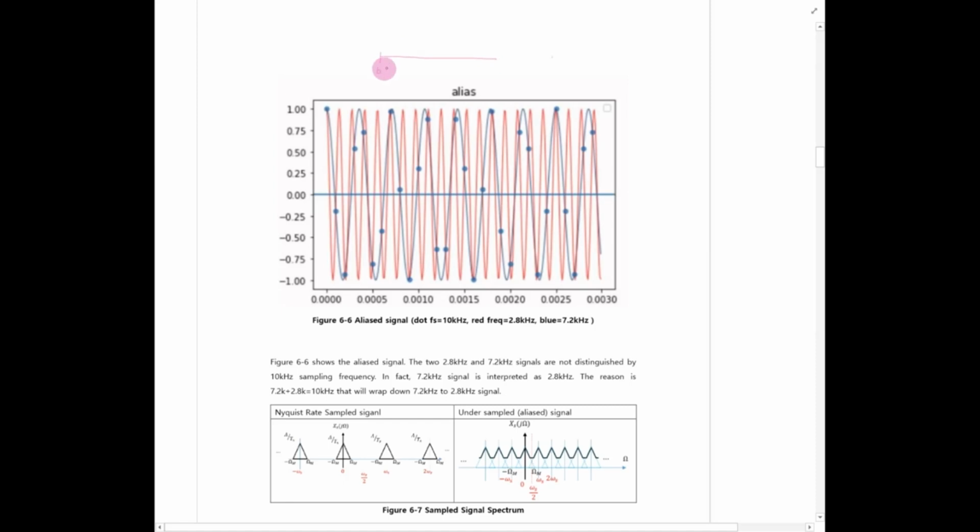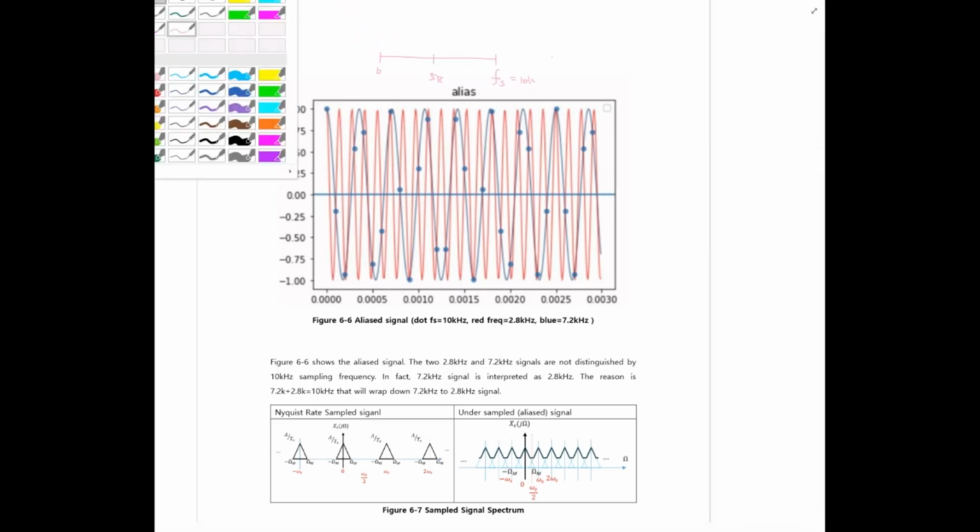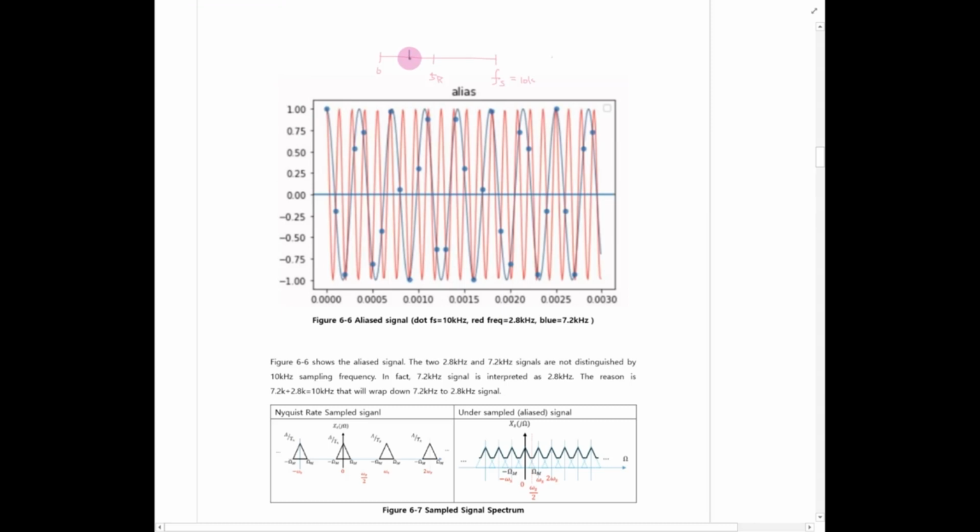This was DC and this one is omega s. Actually, I think it is better to express it as the sampling frequency fs. So the Nyquist rate at this moment is 5k because the sampling frequency is 10k. And 2.8k is around here. So this is 2.8k, and this distance is 2.2k.